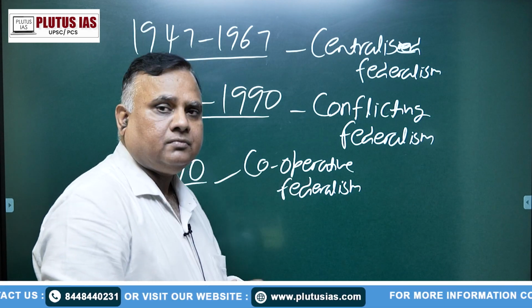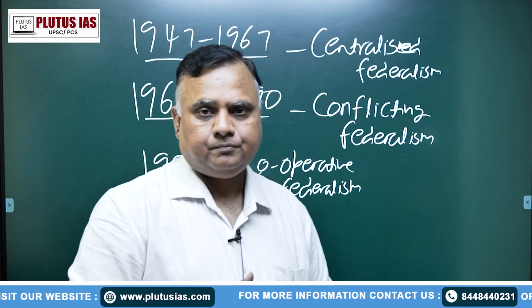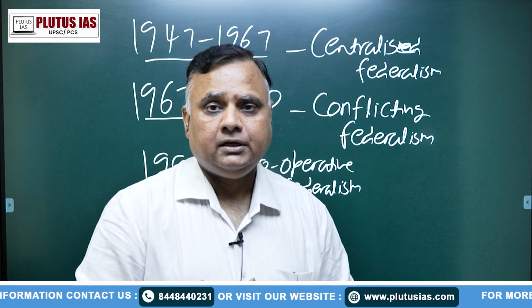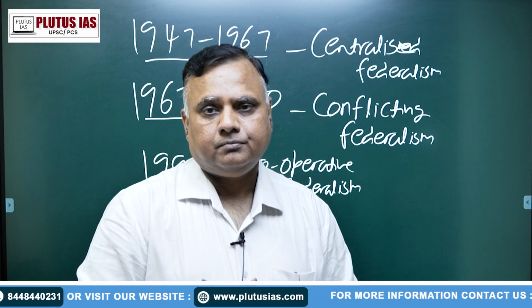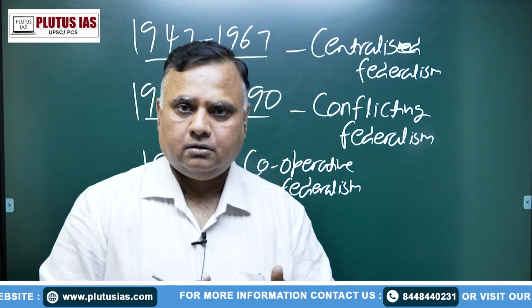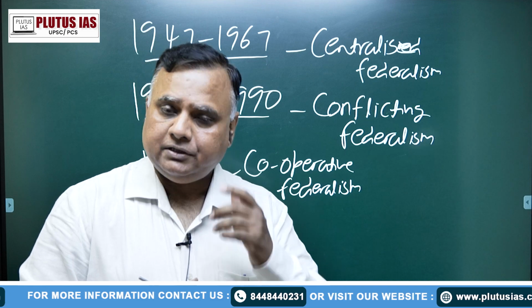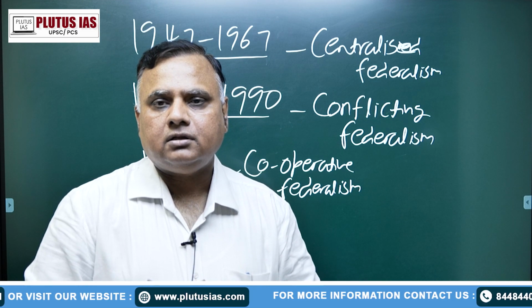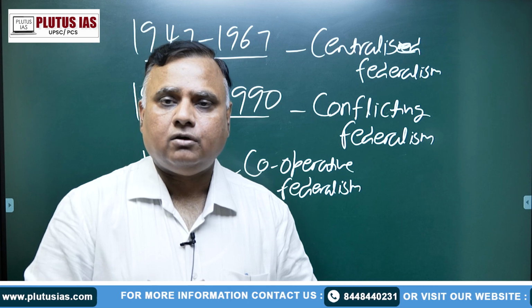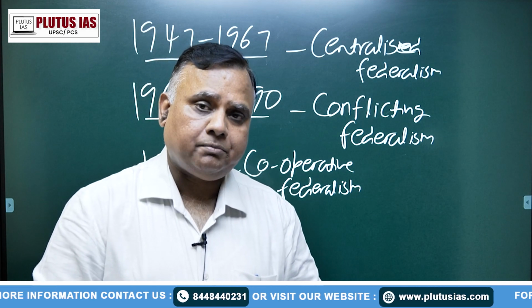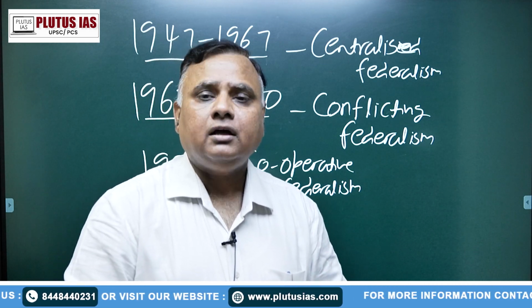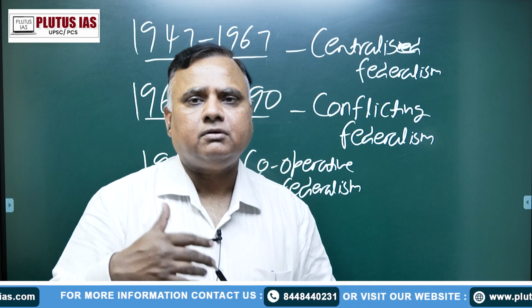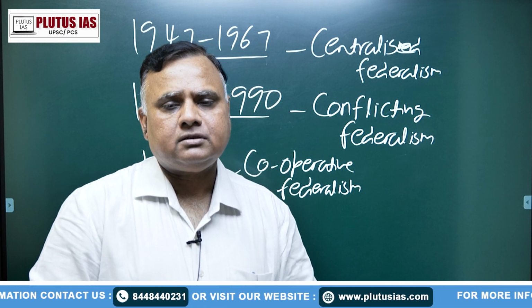For cooperative federalism, the ideal example is Germany, where center and states must be in a cooperative role, they must be in partnership. And even when BJP got a majority on its own in 2014 and 2019, the NDA 1 and NDA 2 governments led by Modi were also coalition governments, and what to talk of NDA Modi 3.0, that is also a coalition government, where more than one party's members join the government.